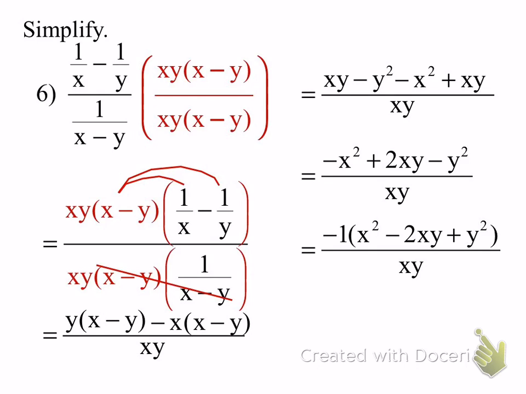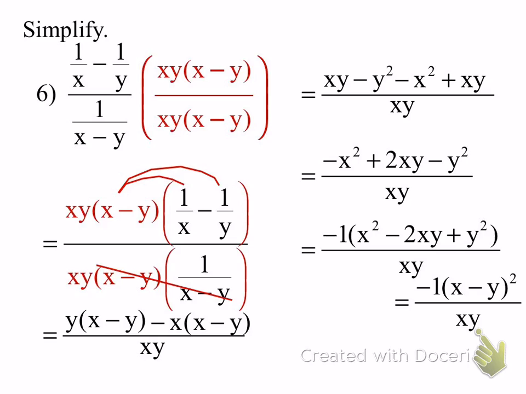I did that. Now factor that. What does that come to? Perfect square, x minus 2y, quantity squared. Yes, this is x minus y, the quantity of x minus y squared times -1.